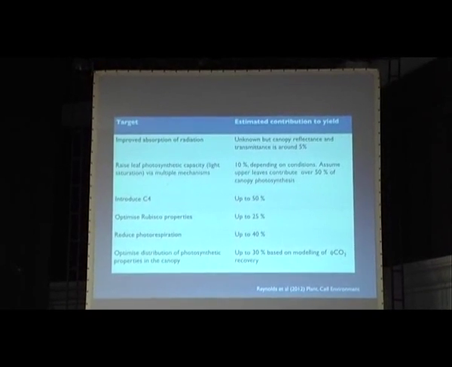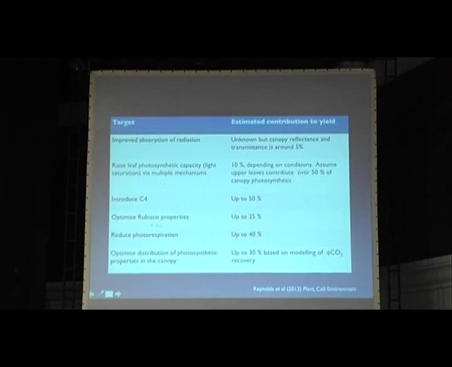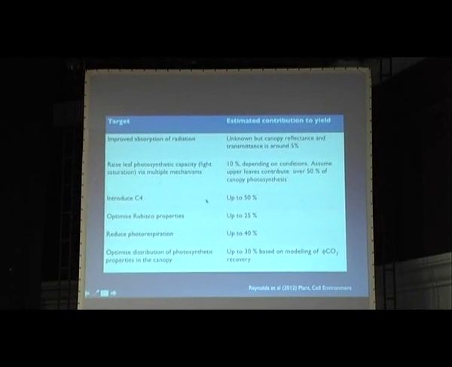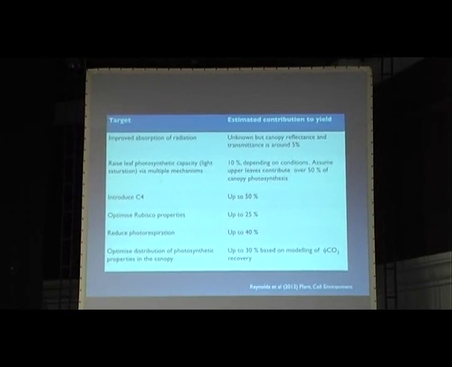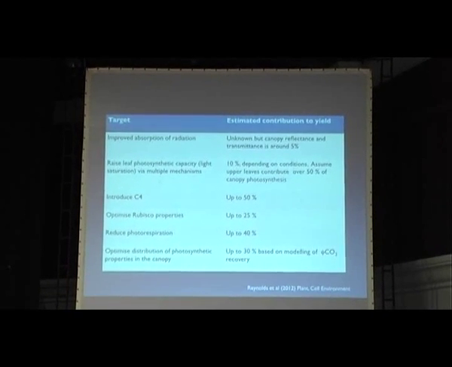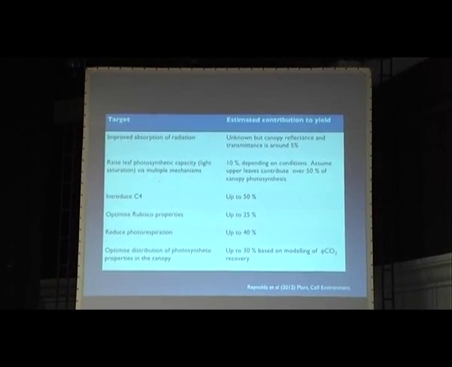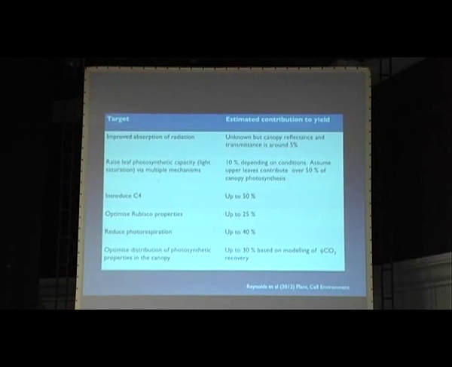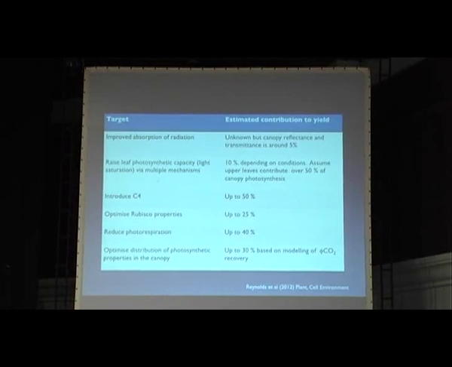light. And of course, all of these C4 and Rubisco-related mechanisms will give us a large increase in photosynthetic capacity of our crops. There's one right at the bottom there that I want to draw your attention to, and that is it's not discussed much, it's the optimization of the distribution of photosynthetic components, or the photosynthetic properties of the canopy.